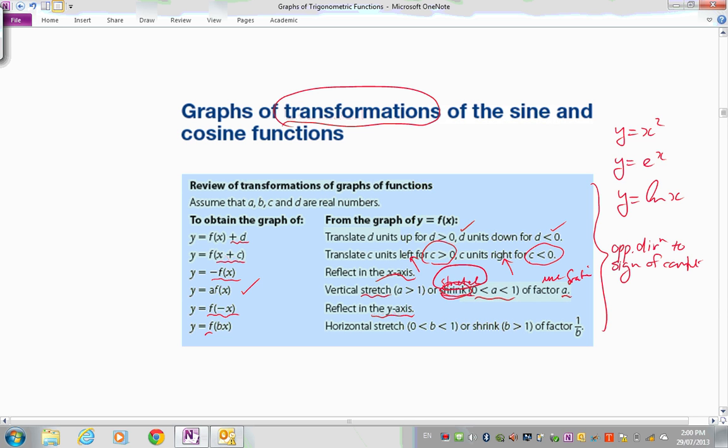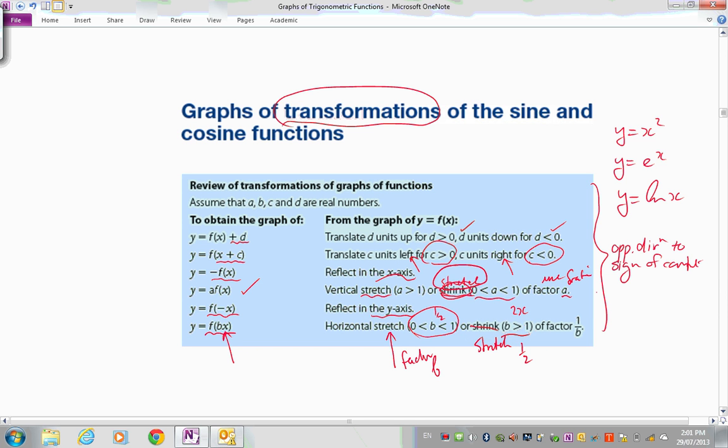Okay, f of b times x, what's happened? You've multiplied the x value by a constant before putting it into there. It's a stretch, and if b is a fraction, it's a stretch of scale factor 1 on b. So if it's a half, then you actually stretched it by twice that. If it's a number bigger than 1, like 2x, you call it a stretch of 1 on 2.